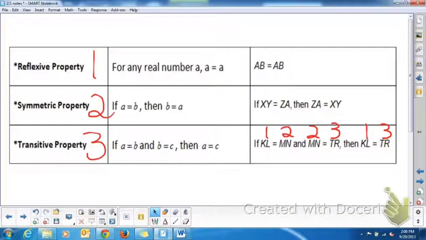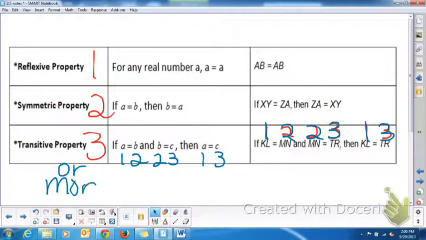So the first thing equals the second, the second is equal to the third, then the first is equal to the third. 1 to 2, 2 to 3, then 1 to 3. And this could be 3 or more. This could go on like the domino effect. We've discussed that in class.